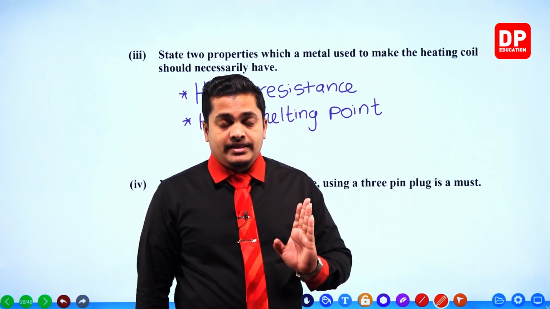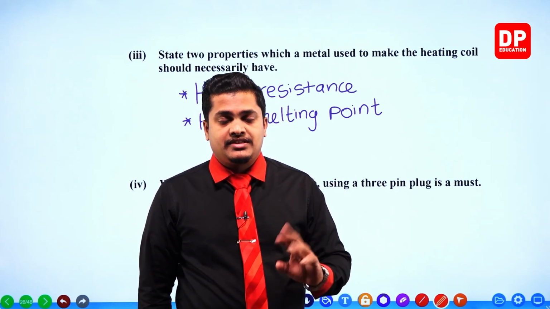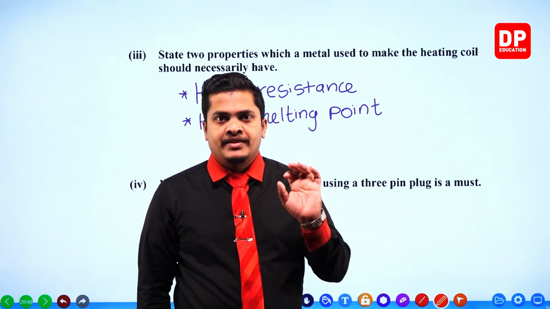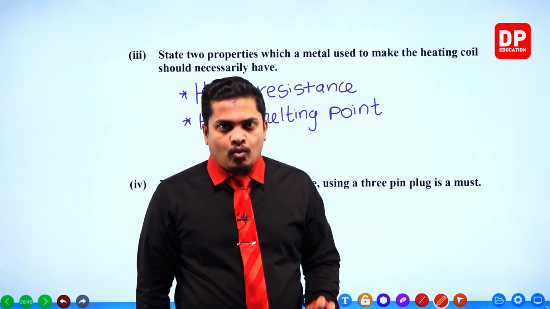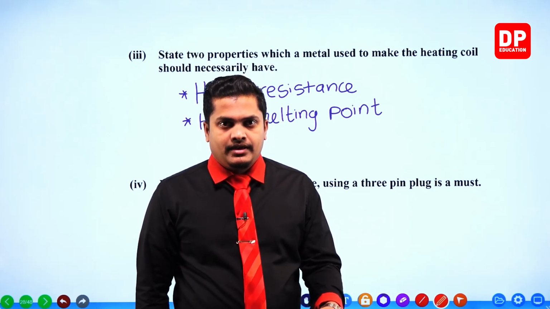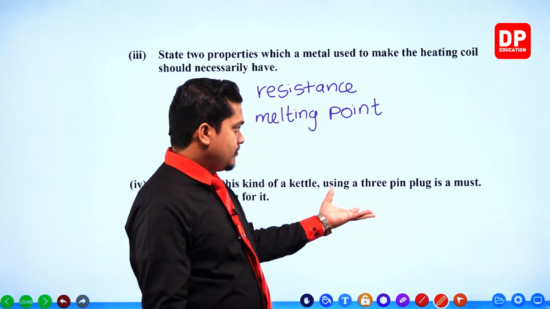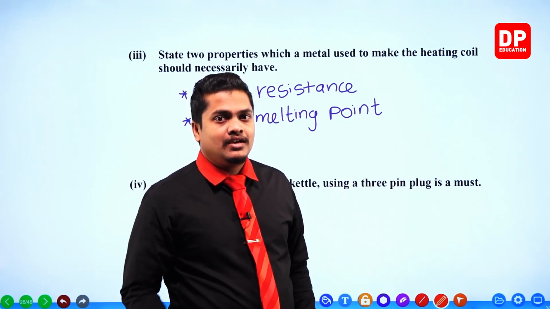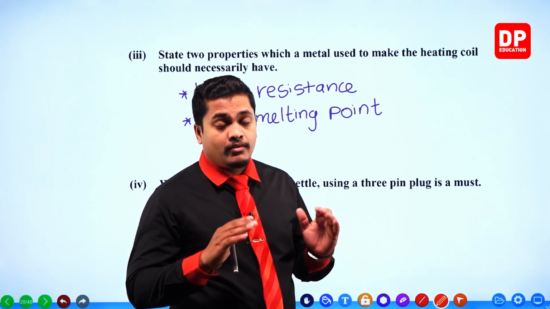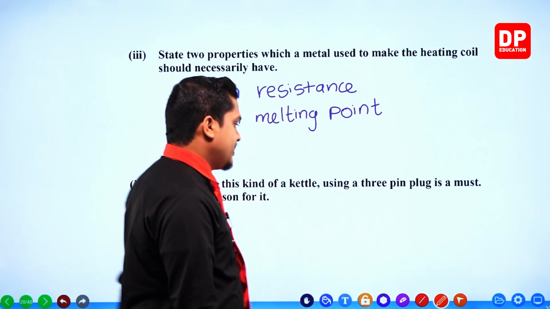During the earthing process of the electric current which is getting leaked from a certain instrument, the trip switch is getting turned off quickly and automatically, right? So that's how it is important, the usage of these 3-pin plugs in high electricity consuming devices. Okay, so we can write down the answer.